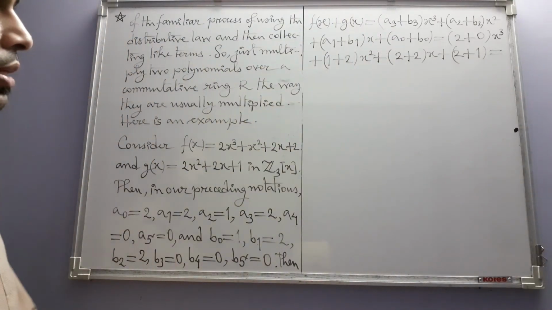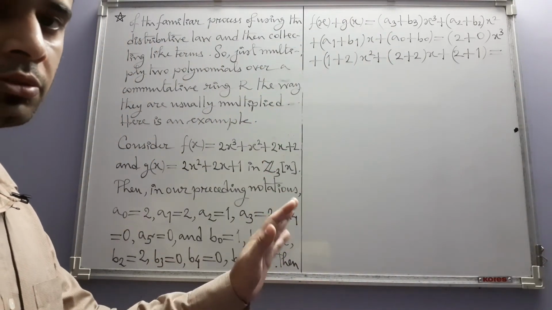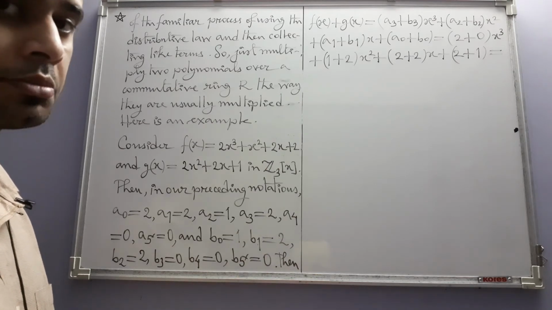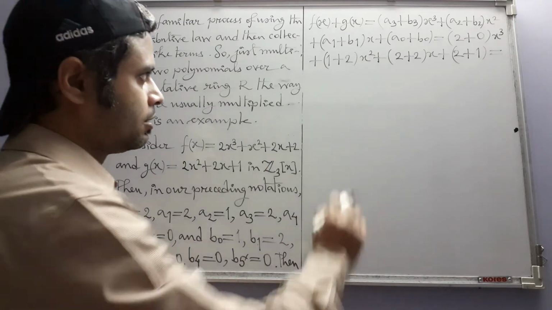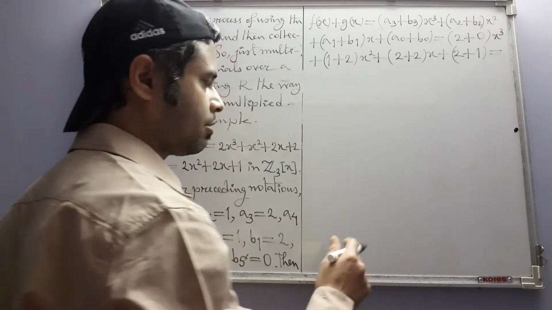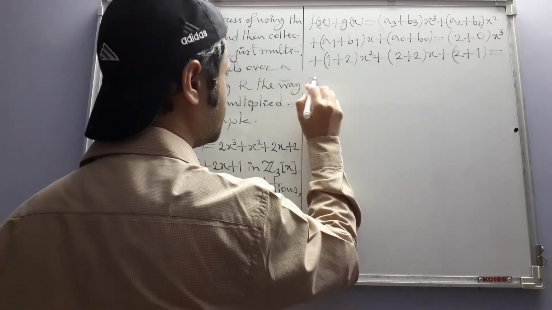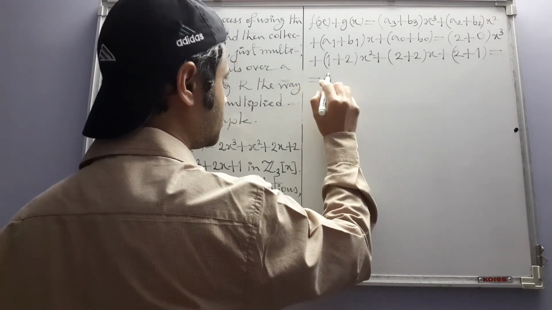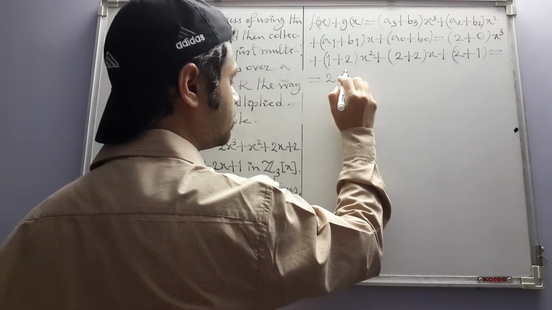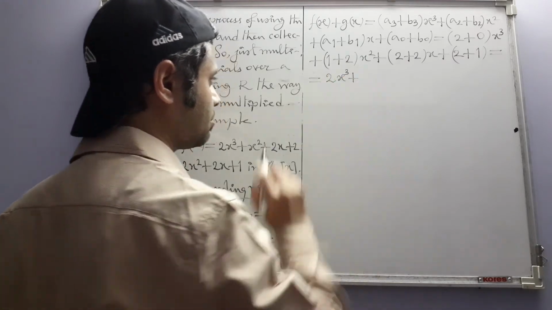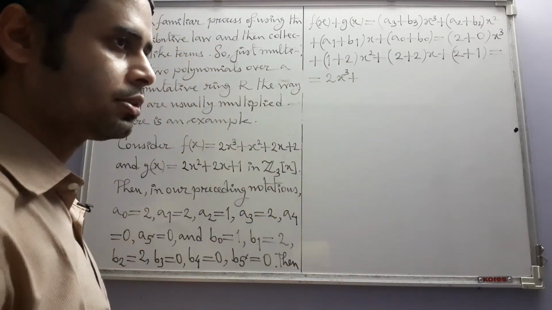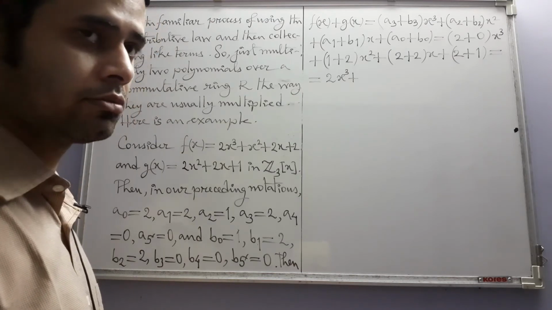Keeping in mind that these are not ordinary 0, 1 and 2, these are not integers but integers modulo 3, and the sum that we see here is also addition modulo 3. So 2 plus 0 of course is 2, but 1 plus 2 is 3, and modulo 3 is equal to 0.